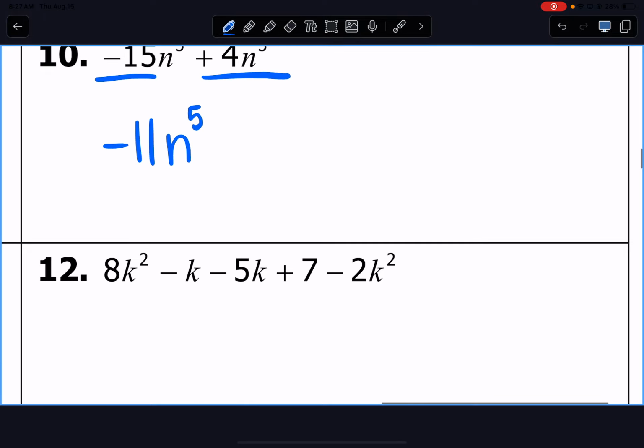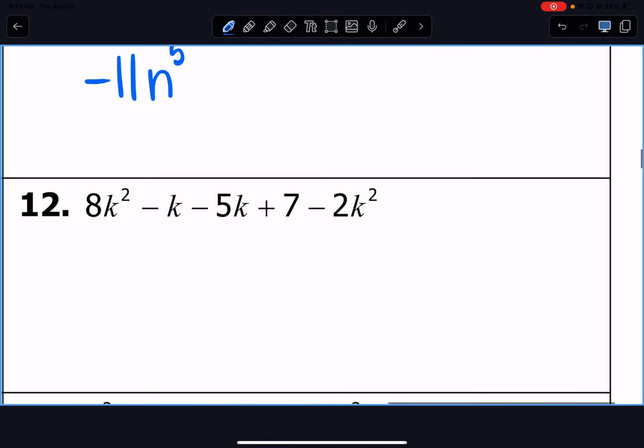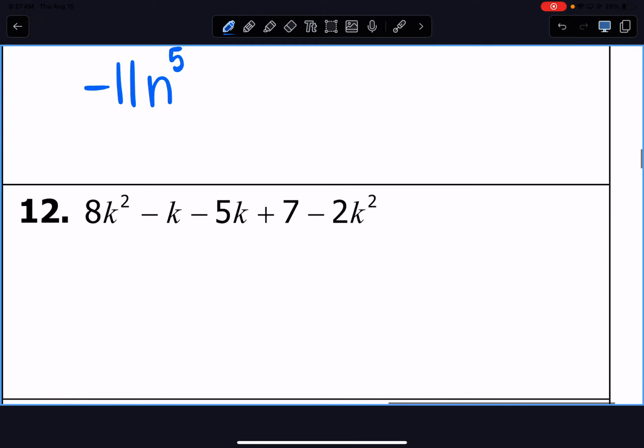For 12, what do we do? What's our like term with 8k squared? No. What is it? 2k squared. Yeah, there we go. So what is 8k squared minus 2k squared? 6k squared.